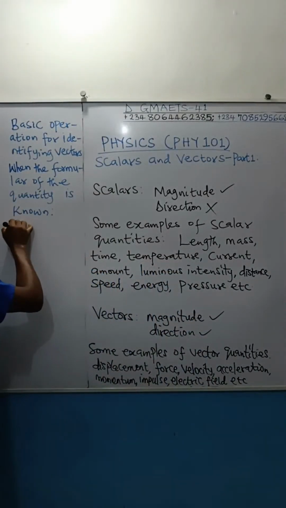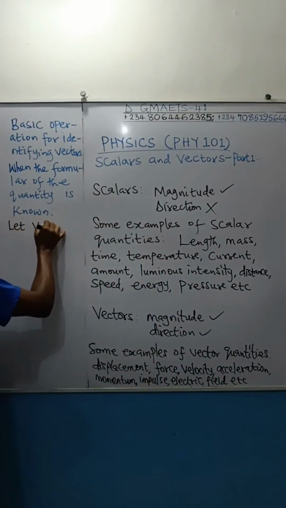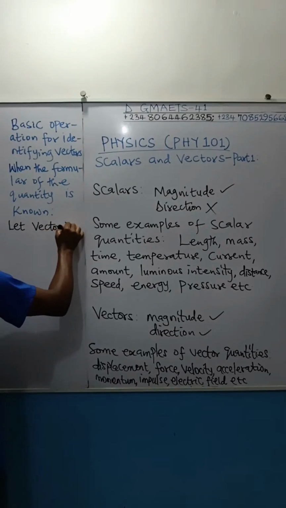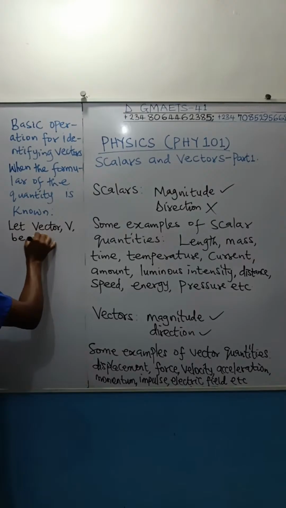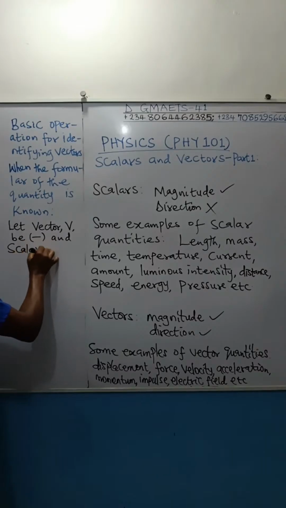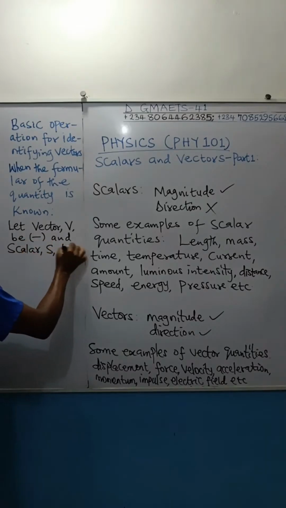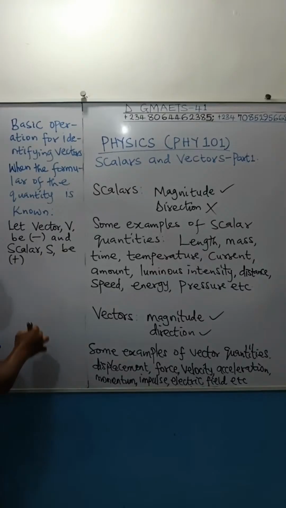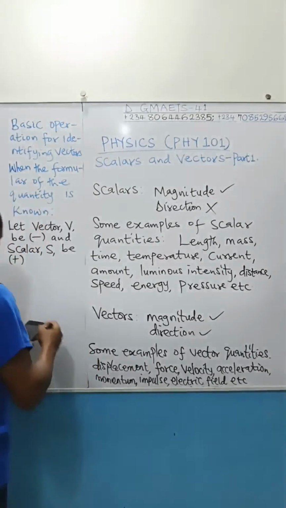Let vector be negative and scalar, we're going to use S for scalar, be positive, so that this thing will guide you as I give you some of these rules.